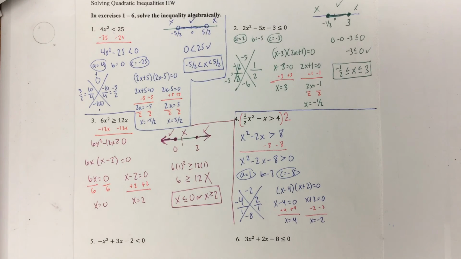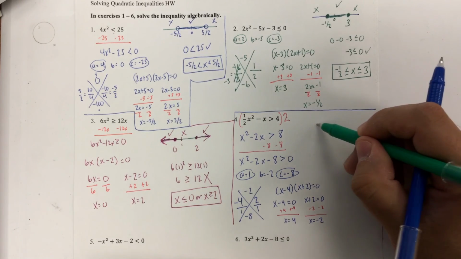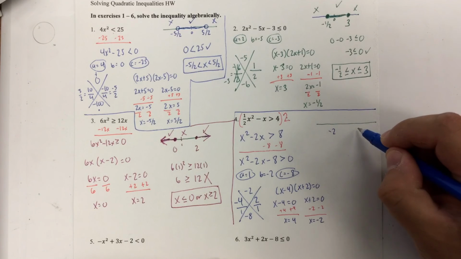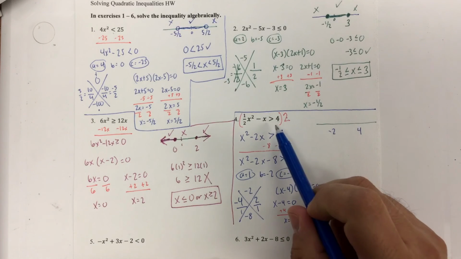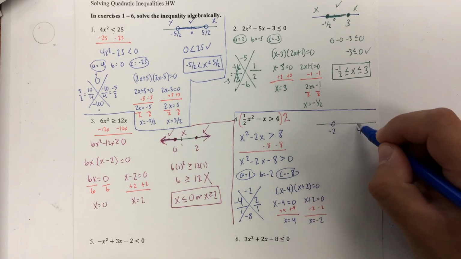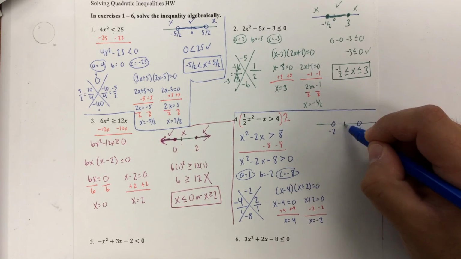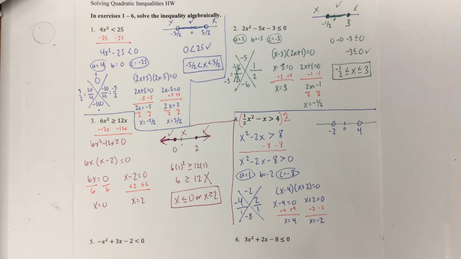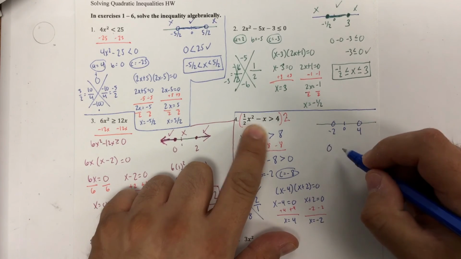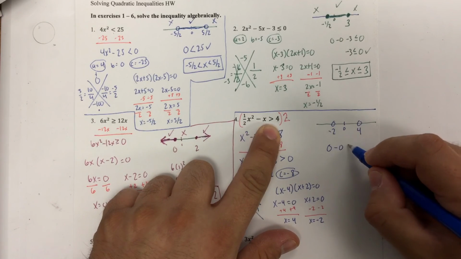So once again, we transfer this over to a number line. We have negative 2, the smaller number, followed by 4, the bigger one. Once again, you can see that it is not equal to it, so these are going to be open circles. And 0 does fall between, so that's the point I'm going to use to test. So 1/2 times 0 squared is 0, minus 0 is greater than 4.